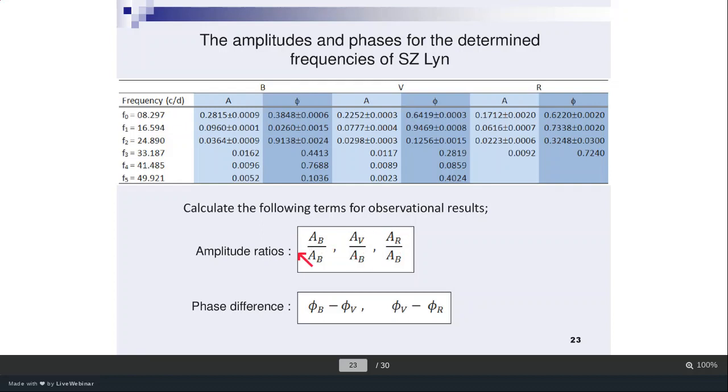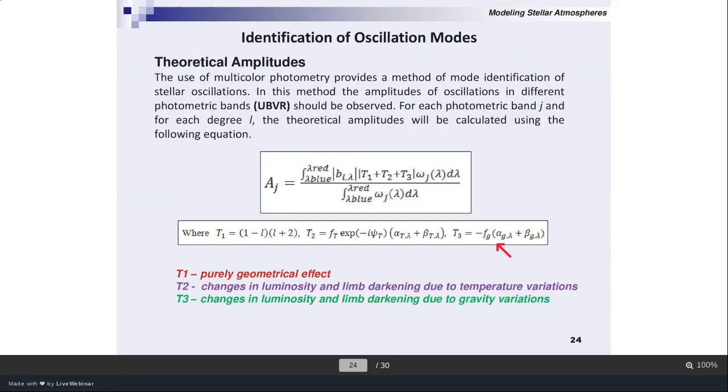Once you get the amplitude ratios, only then can we determine the modes of these oscillations. Therefore, we have to go for a very detailed analysis of theoretical modeling. We have to model these amplitudes theoretically.